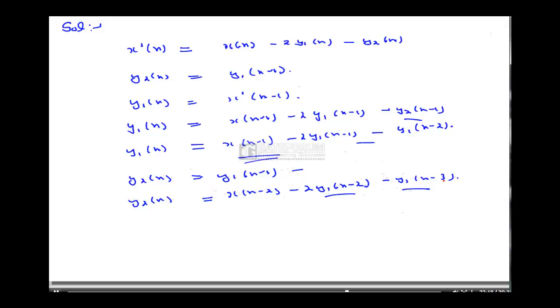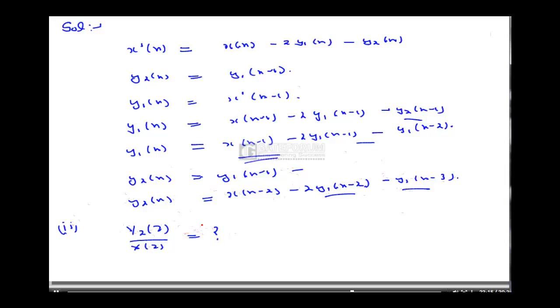Now the second part of this question is to find y2z by xz. That means we have to find the z transform and write it in a rational form.